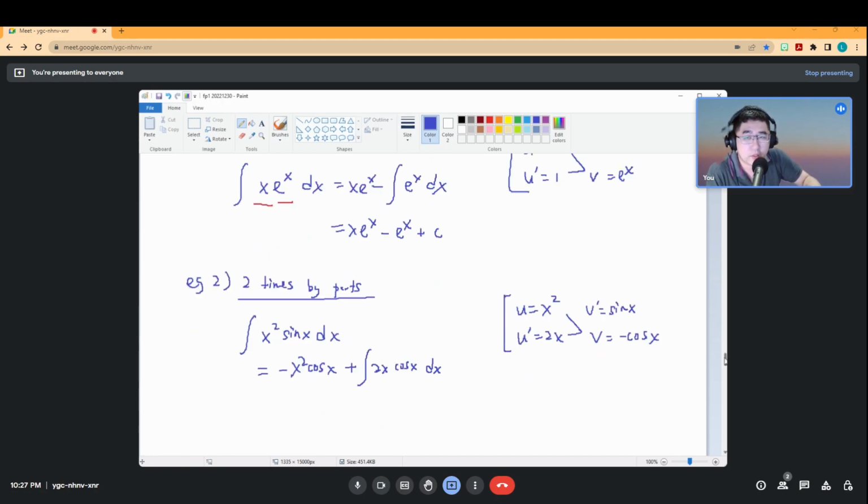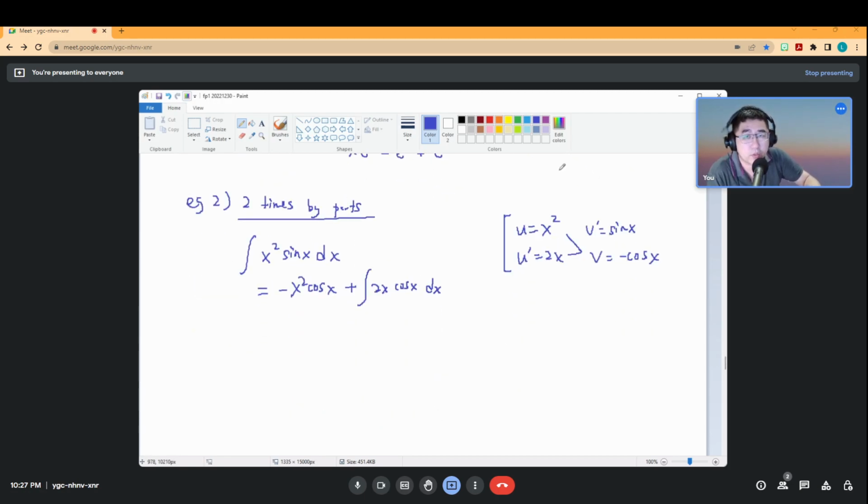You will see that I need to do another round because this is another by parts. So my u is 2x, my v prime is cos x, my u prime is 2, my v is sine x.